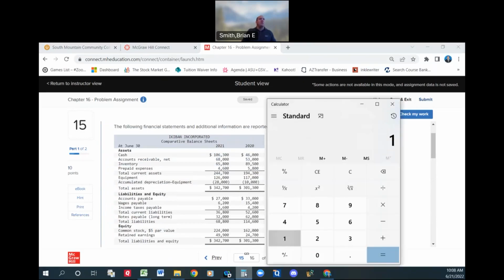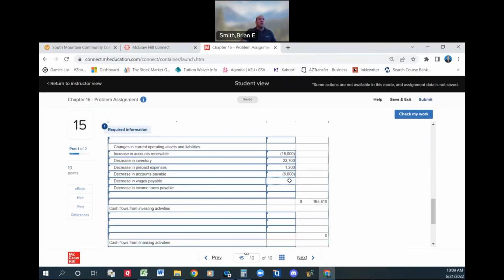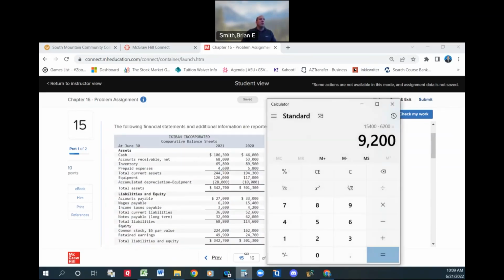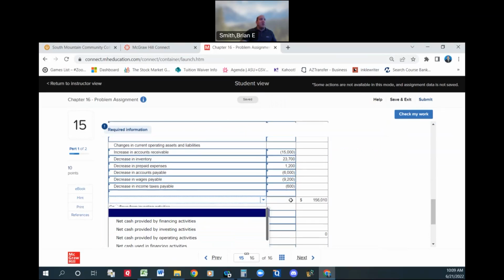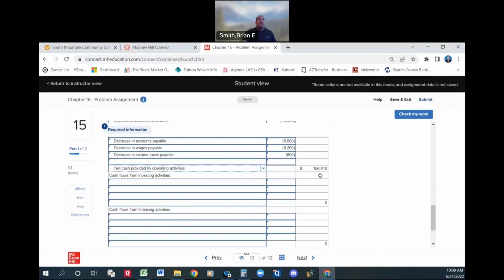Wages payable, 9,200. And then income taxes payable, 4,600. Okay, and we're done. All right, we don't have to do that last line. This is going to be net cash provided by operating activities. We're positive. That's a good thing.